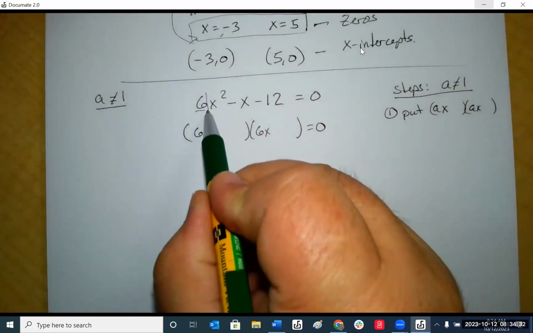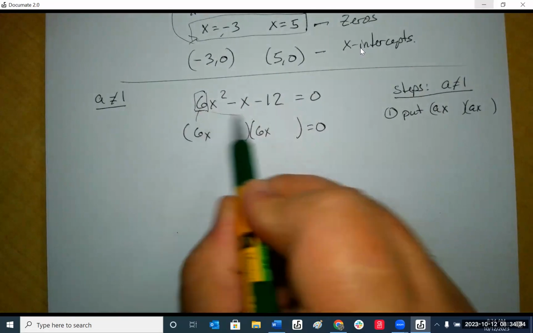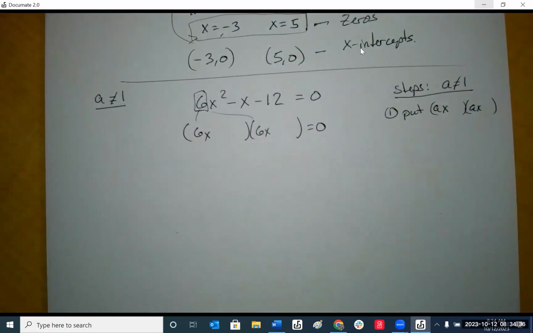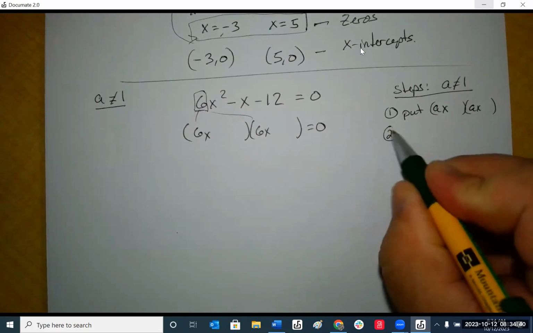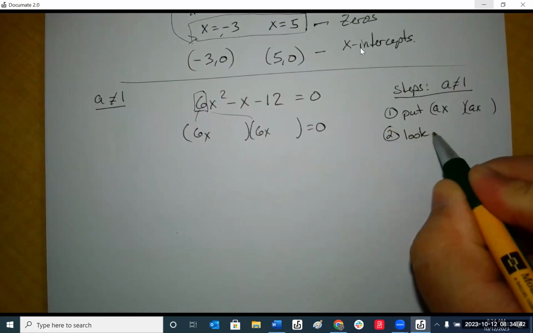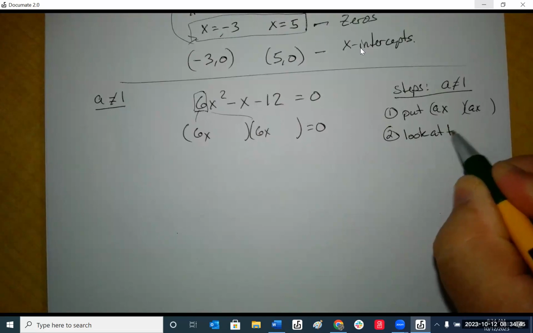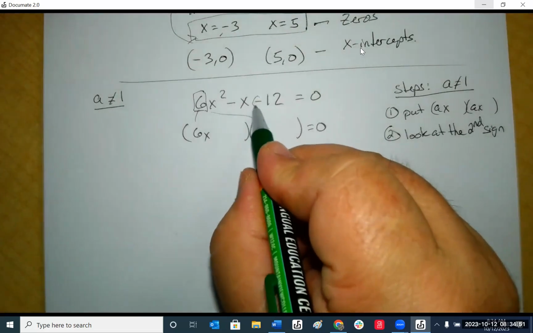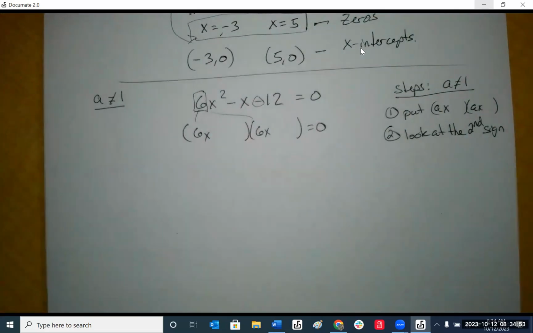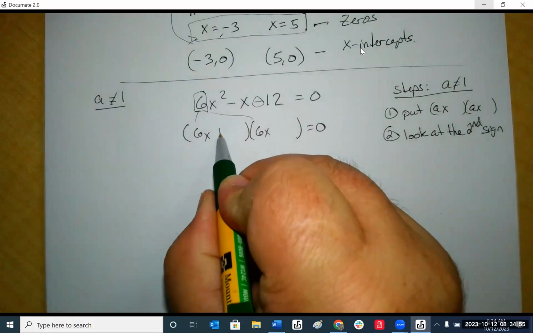Whatever this number is, it goes into both of them with the x's. Look at the second sign. It's a minus, so that tells us the signs are different.